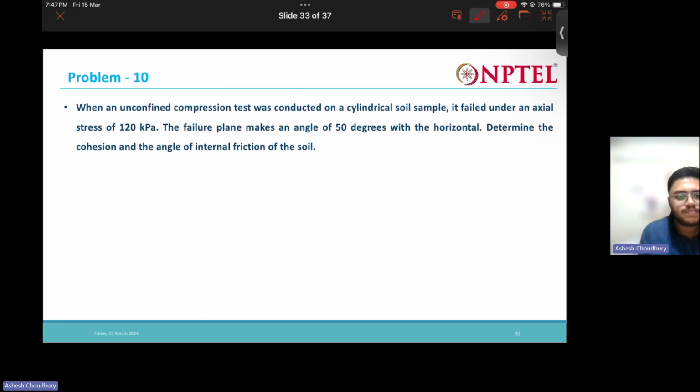Similarly, solve this problem. When an unconfined compression test was conducted on a cylindrical soil sample, it failed under an axial stress of 120. So remember what I said, how to relate cohesion or shear strength in terms of unconfined compressive strength. Use that fact and solve this.